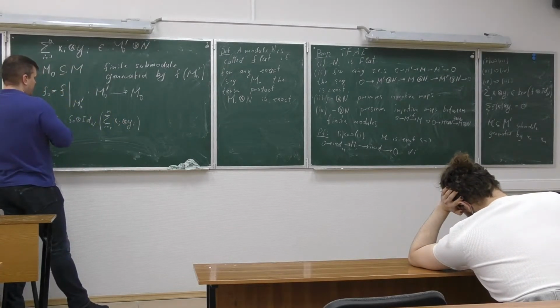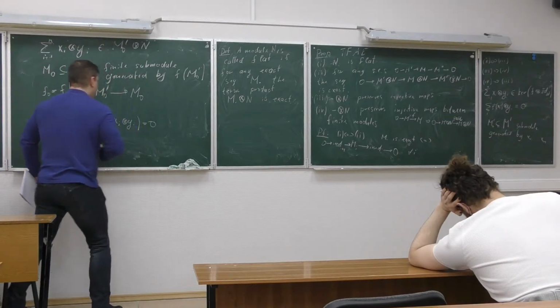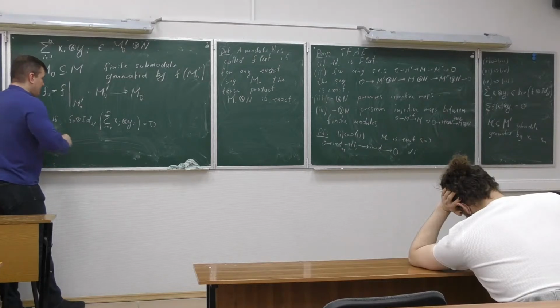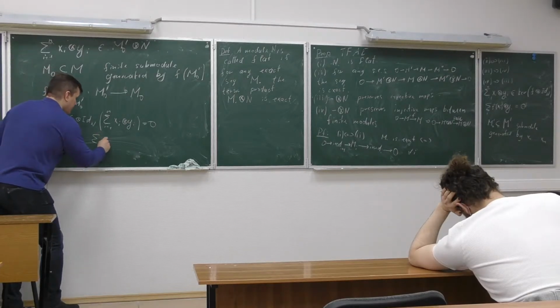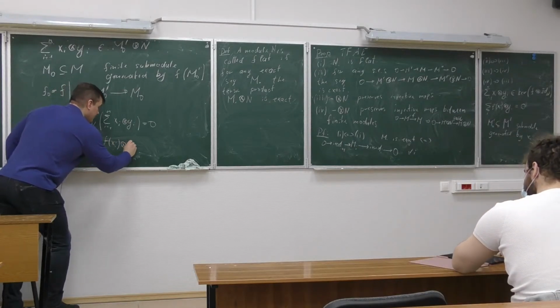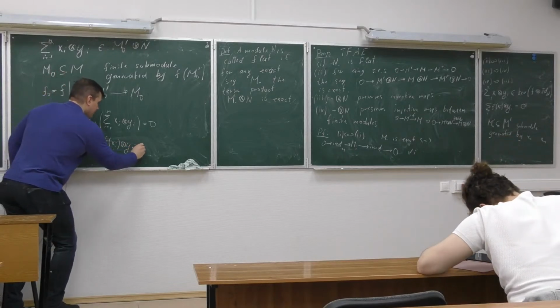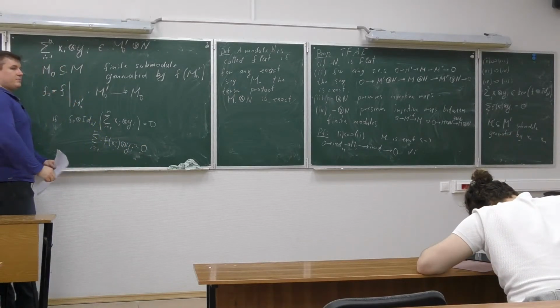Right? So if f0 times the identity applied to this tensor is 0, what does it mean? It means that I just have sum of f applied to xi tensor yi is equal to 0, right?